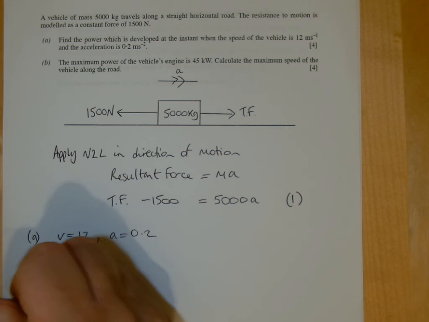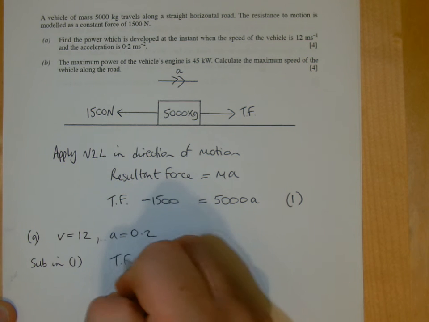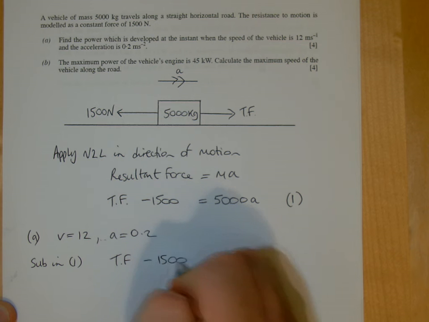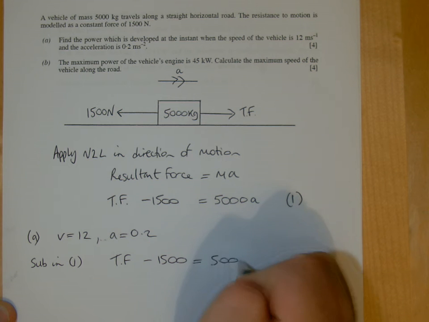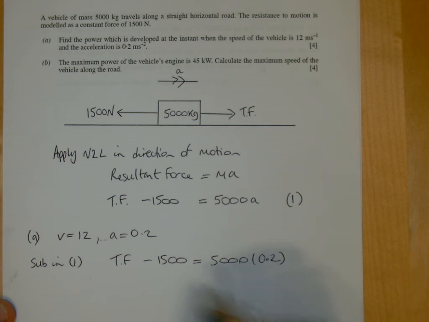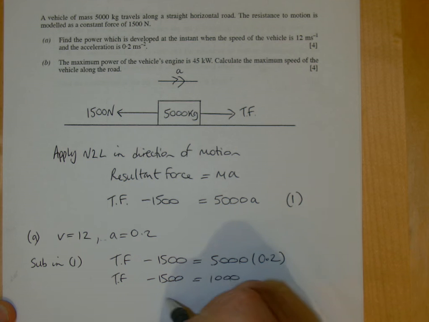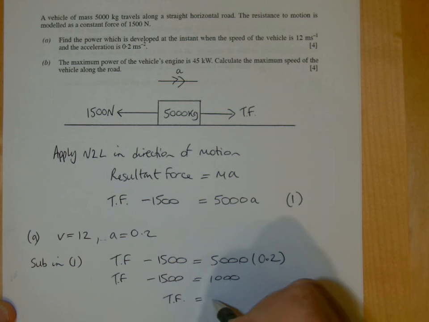So substituting into 1, we have tractive force take away 1500 equals 5,000 times 0.2, which is 1,000. Therefore the tractive force will be 2,500 newtons.